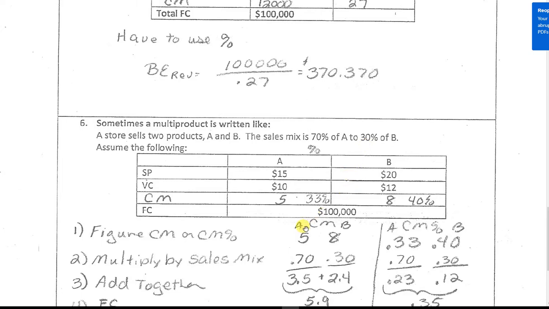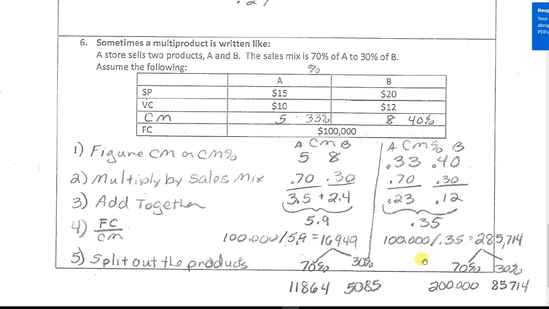So here's the steps. And notice I've done it two ways, and I'm going to pull up an Excel spreadsheet in just a second to prove that these are correct. Also, don't get hung up when I show you the spreadsheets. These are actually two different scenarios, because you can have various selling prices minus various variable costs that will have a contribution margin of 5 and 33%, and same thing over here.